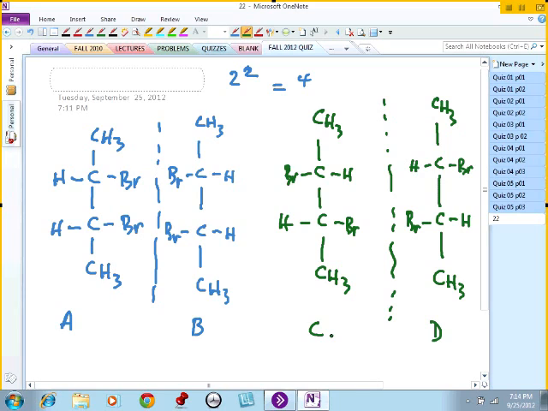If we take a very close look at molecule A and B, can you superimpose molecule A and B? How will you do that? Exactly. Keep in mind, when you write a Fischer projection, you could turn the molecule 180 degrees and then slide it on the plane of the paper.